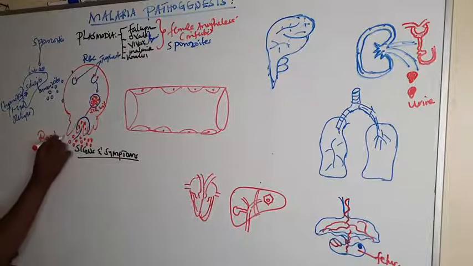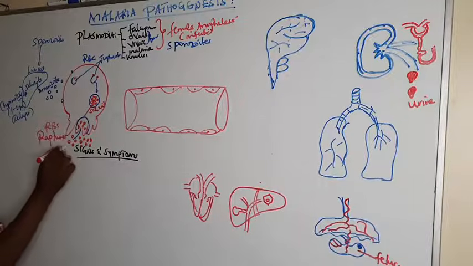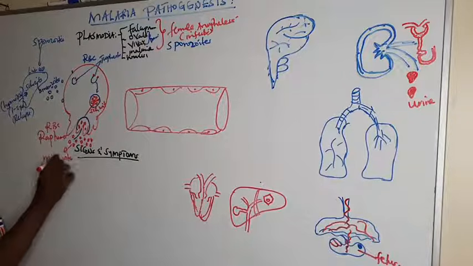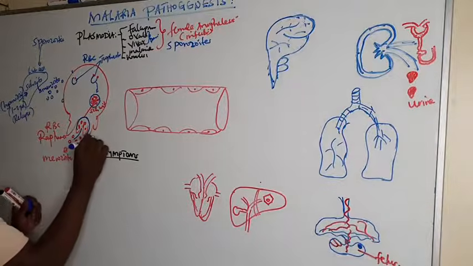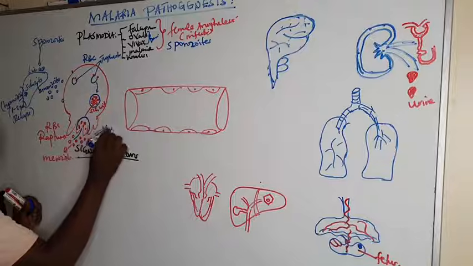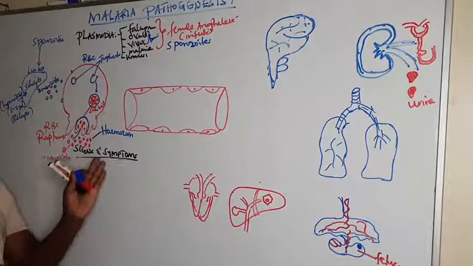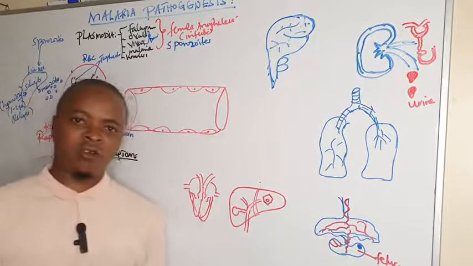So these are the merozoites which are released from the rupture of the RBC. But it does not only release merozoites. Apart from the merozoites, we also see the release of substances like hemozoin. Hemozoin is formed when the malaria parasite feeds on the hemoglobin.